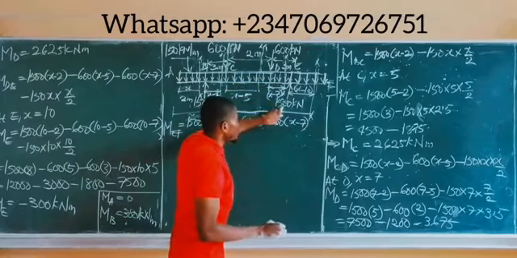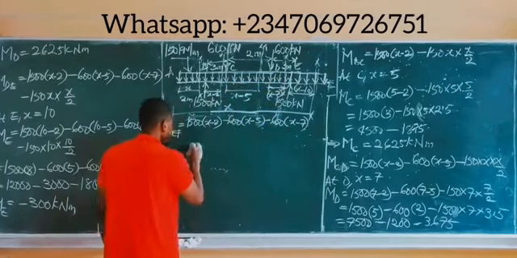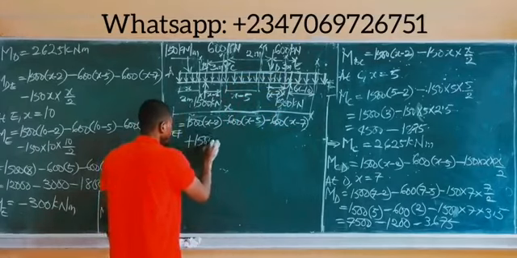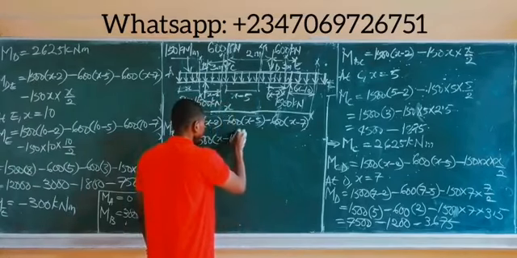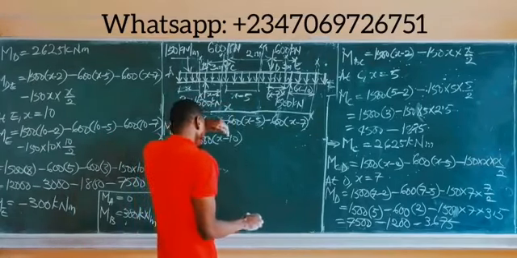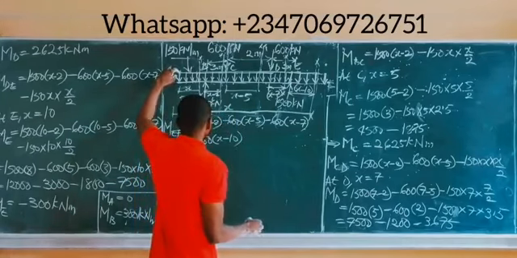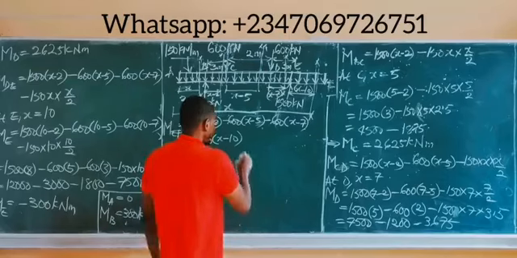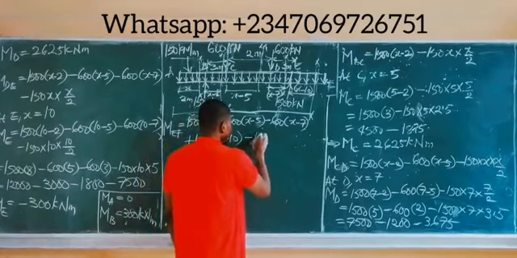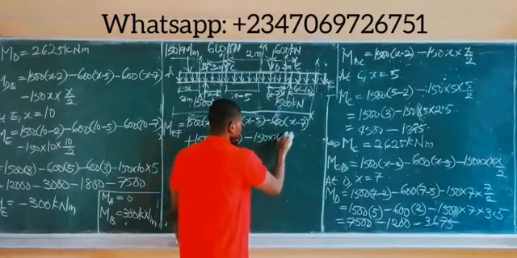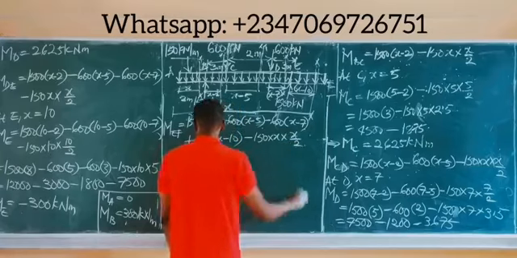Now this force is upward, so consider it positive: plus 1,500 multiplied by x minus 10. And finally, the moment of the UDL, because the UDL runs from point A to the point of section, you simply have minus 150 times x over 2.